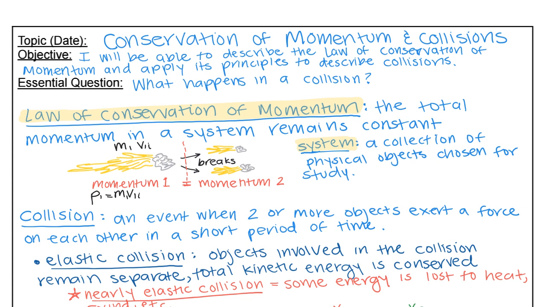Say this comet breaks in two. Now we have two masses. We've got mass 2 and mass 3. Each one is also going to have its own velocity. So we'll say V2, and I'll call that the final velocity because we're kind of fast forwarding in time. And then this one is going to be V3, final velocity.